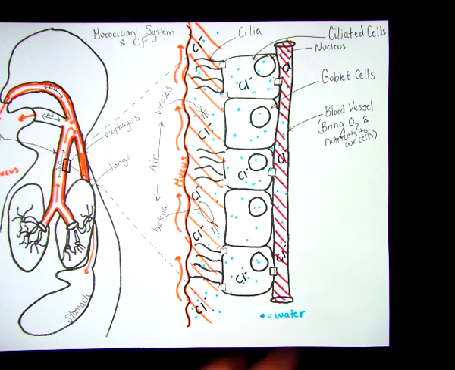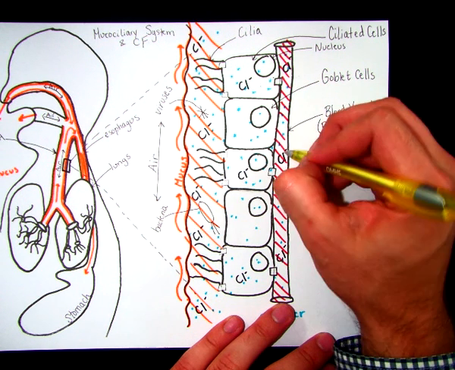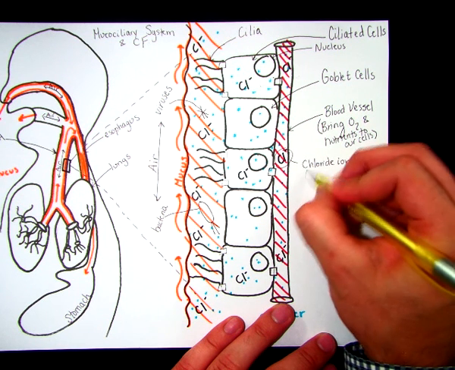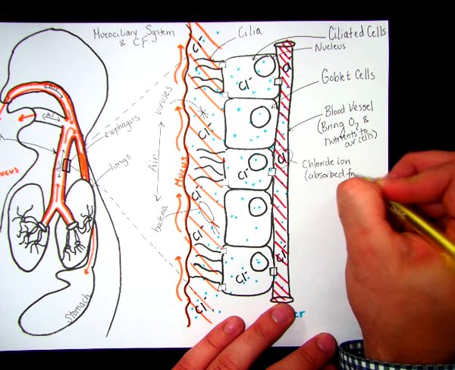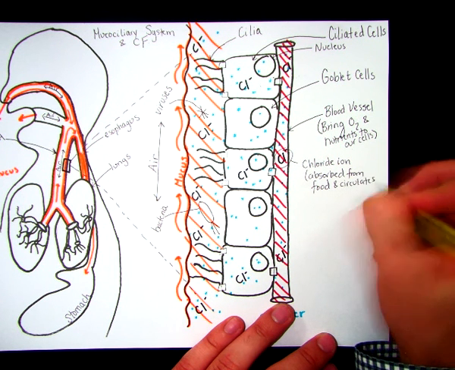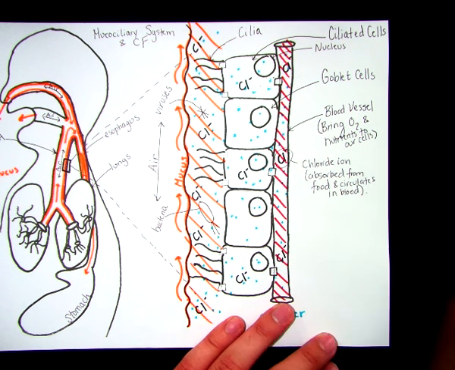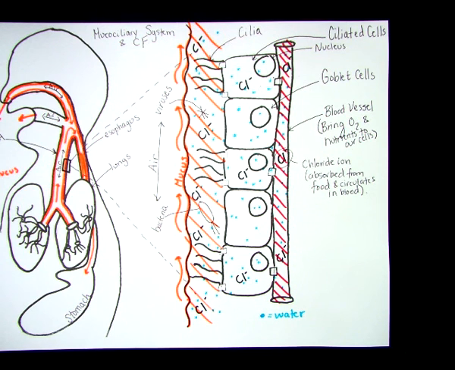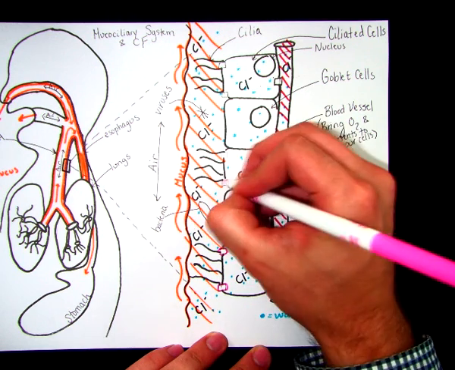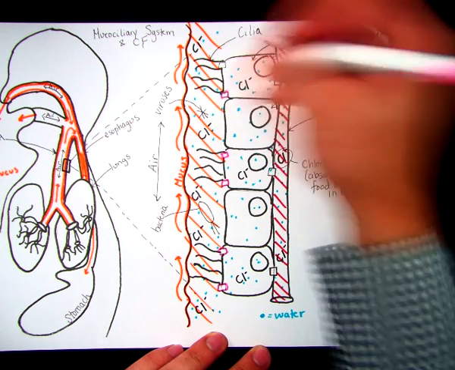So Cl is a chloride ion, which was absorbed from food and circulates in the blood. All right, 3 more things and then we'll clean up here.